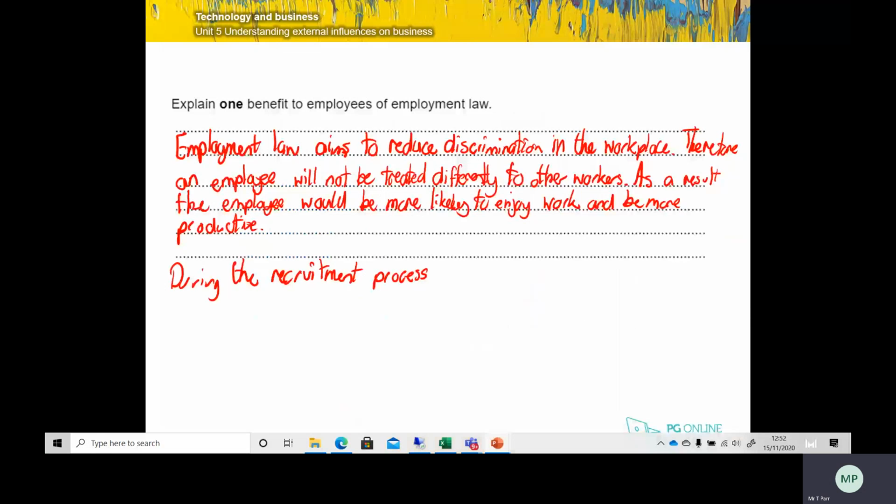During the recruitment process, potential employees will be treated fairly.